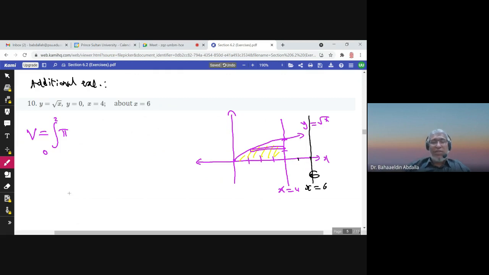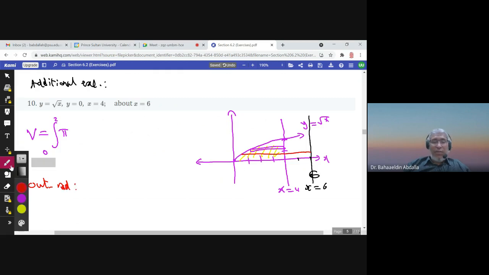So what would be the outer radius in this case? Well, the outer radius is always, and please pay attention, the distance from the axis of rotation to the outer curve. So this distance is the outer radius.